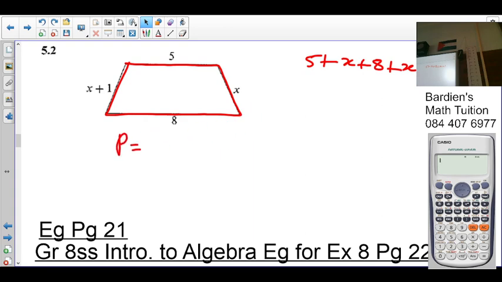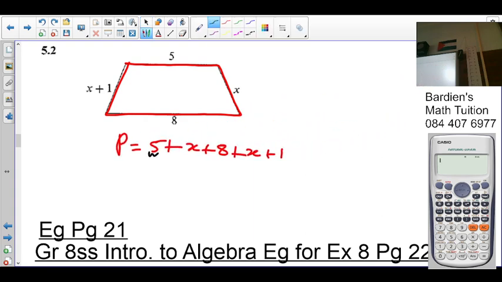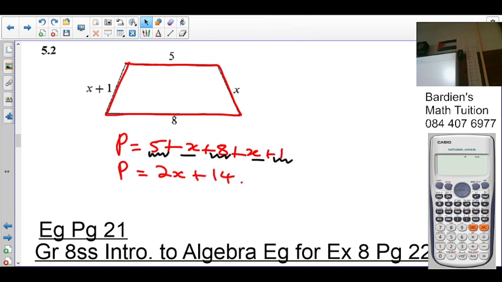So what do I look for now? Like terms. So 5 is a like term to what? 8 and 1. And x and x. So the perimeter is equal to, what's x plus x? 2x plus 14. Do you guys understand? Easy, no?